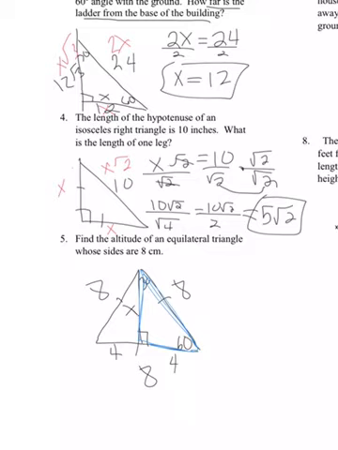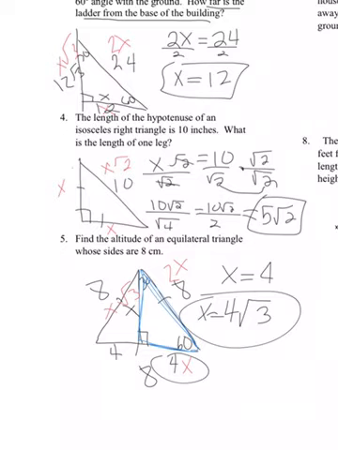It is easier with the special right because the formula gives you x, 2x, x square root of 3. Right here it tells you that x is 4, so for the hypotenuse of x square root of 3, you're just going to plug the 4 in front of the square root of 3, and there's the height.